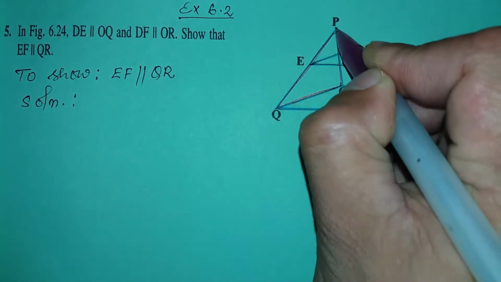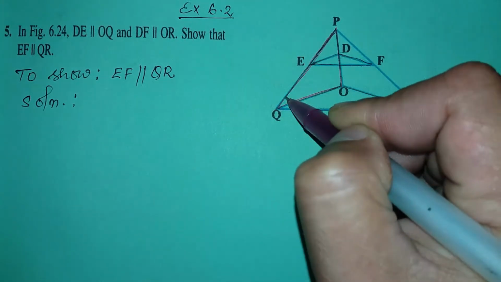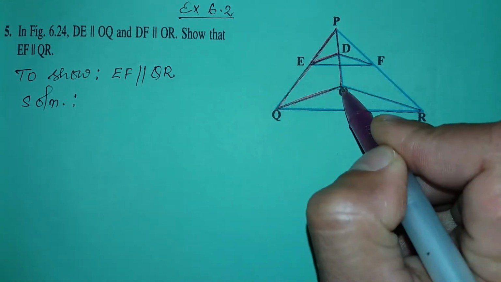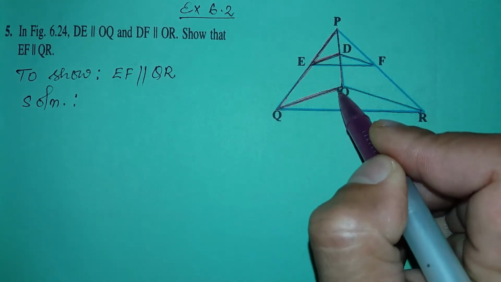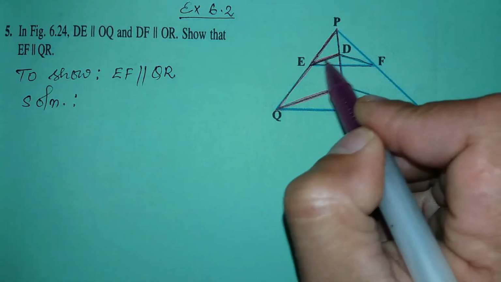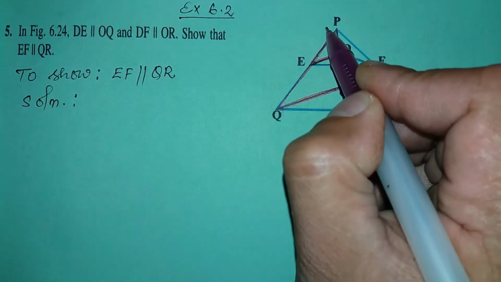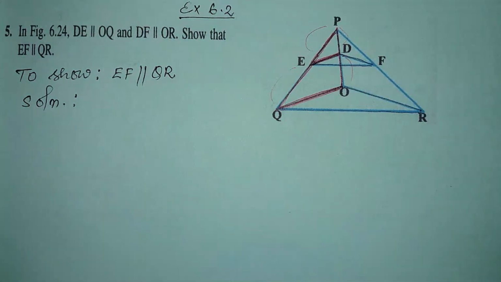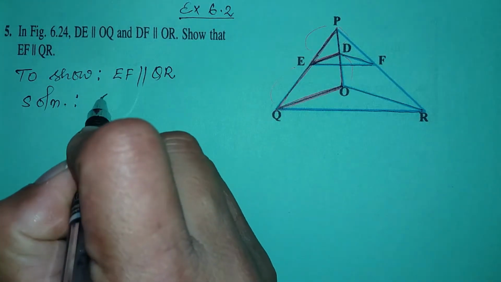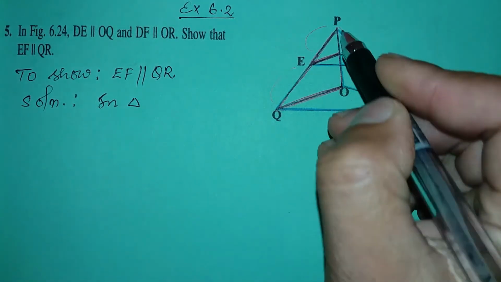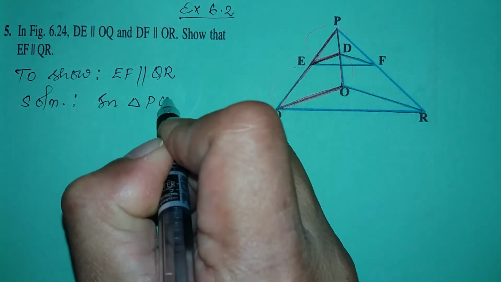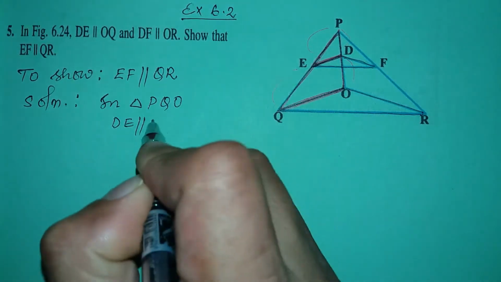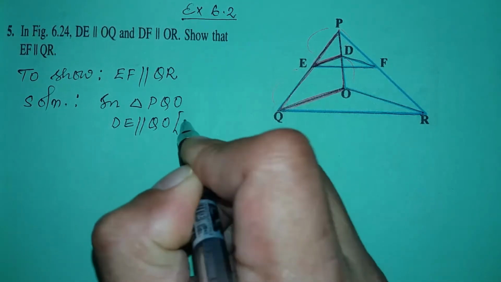In this triangle it is given that DE is parallel to OQ. Now since these two lines are parallel, PE by EQ will be equal to PD by DO. So in triangle PQO, DE is parallel to QO. This is given.